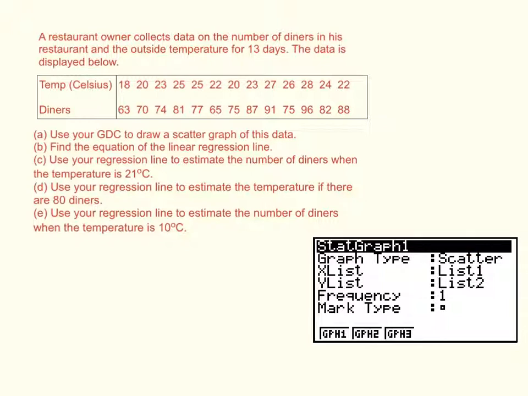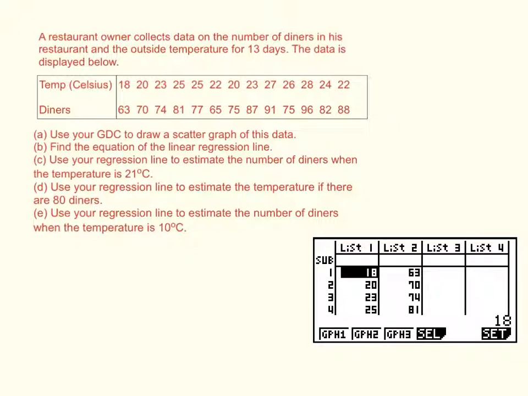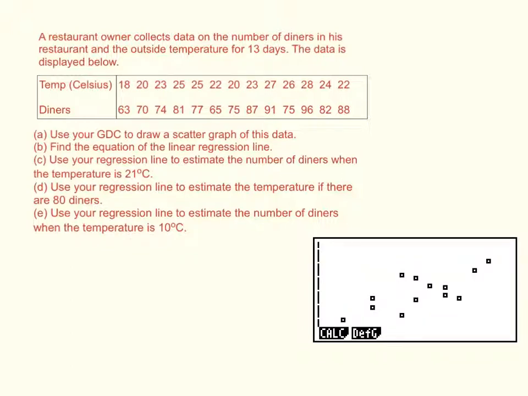So then we hit enter and it takes us back to this page, and then we use graph 1, and when we press that we get our scatter graph. So for A we've got our scatter graph. You would normally then need to plot this scatter graph on the exam if it's an exam question.